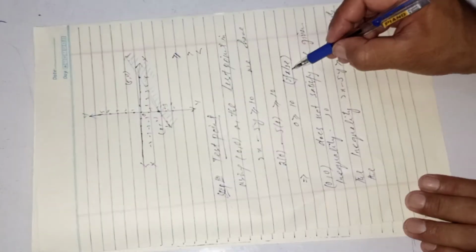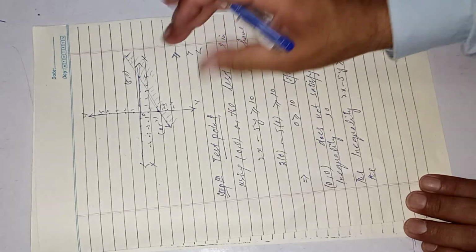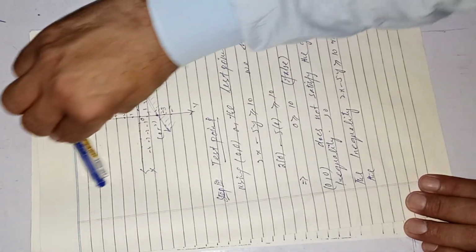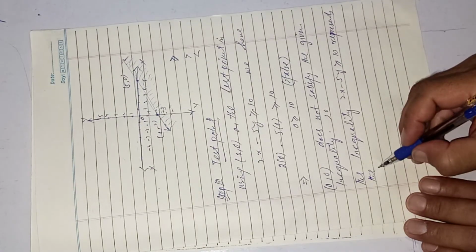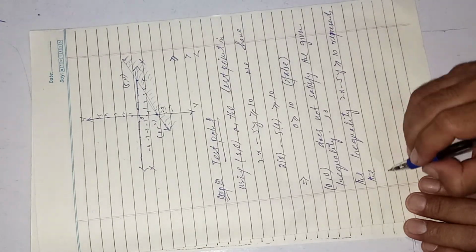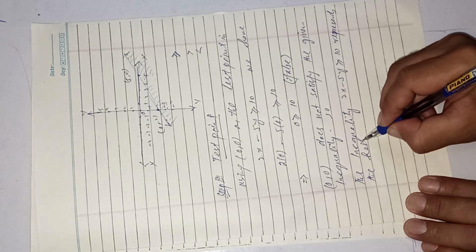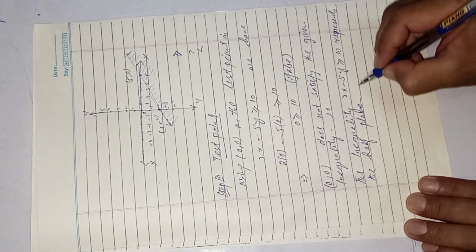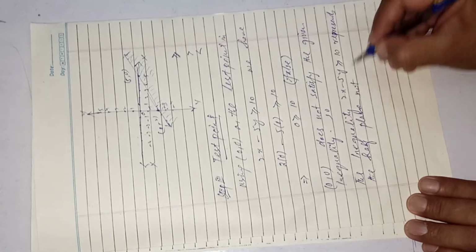And if we have a true result, then the line will represent the half plane containing the origin.